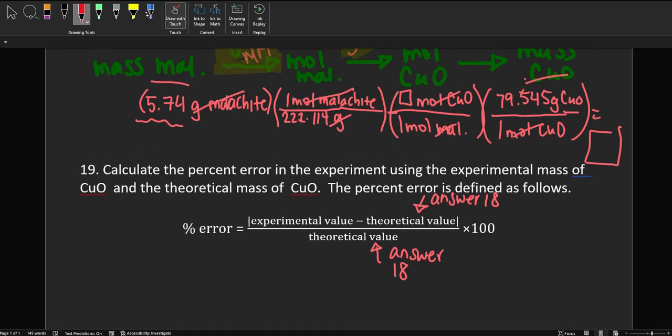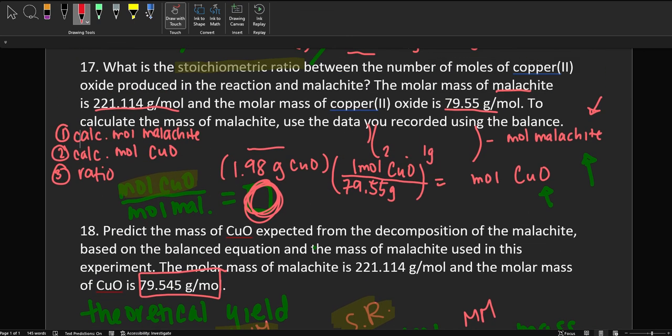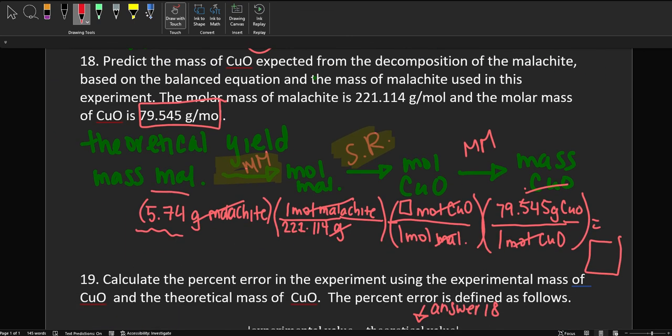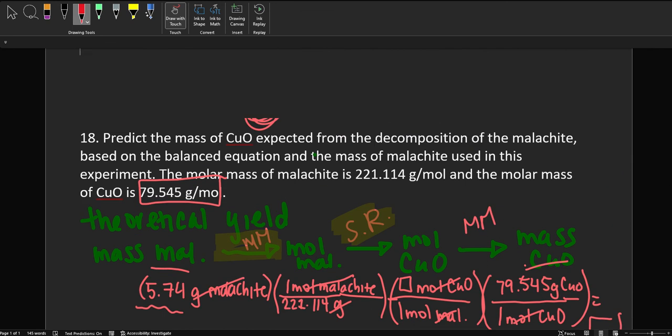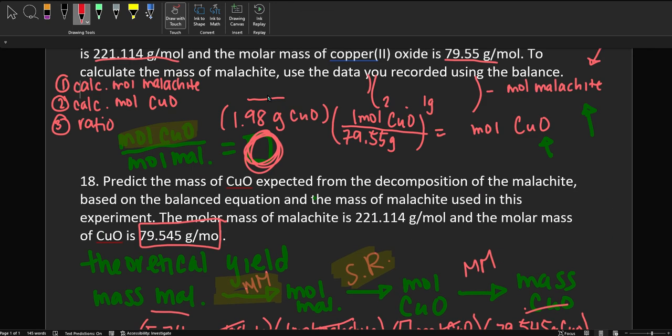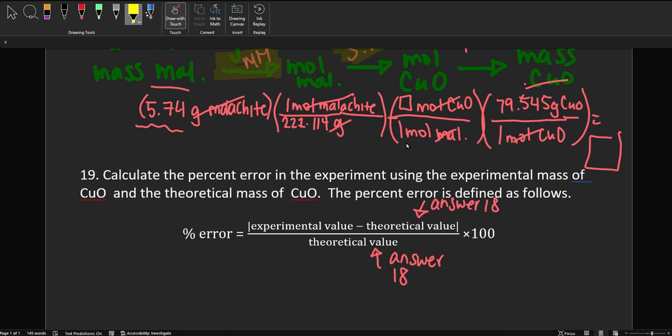Now, what about the experimental value? Well, you actually calculated that up here. I was making sure. So you actually calculated that right here. So whatever moles of copper oxide that you calculated on number 17, that's what's going to go here.